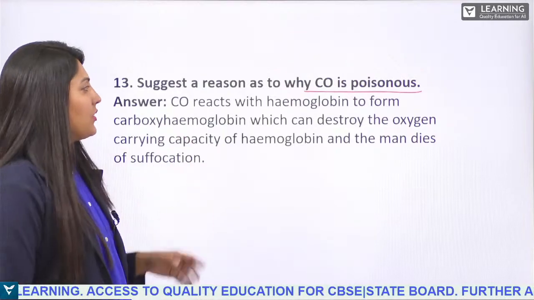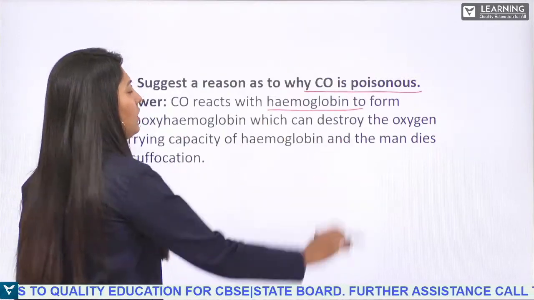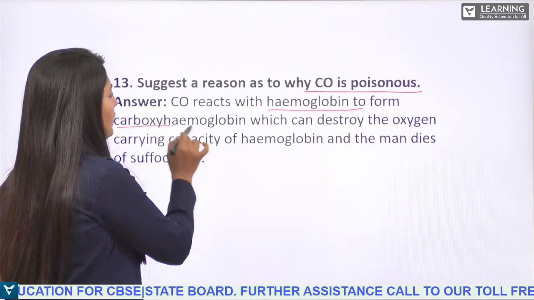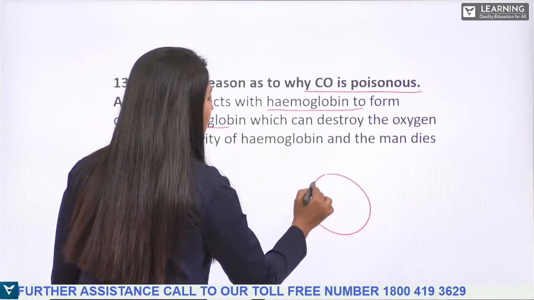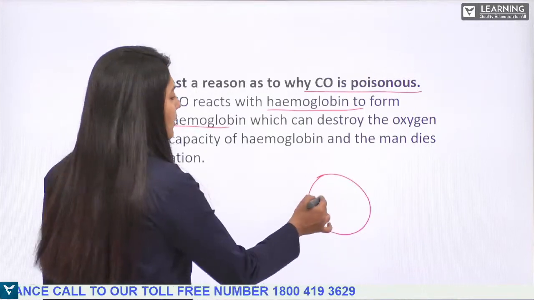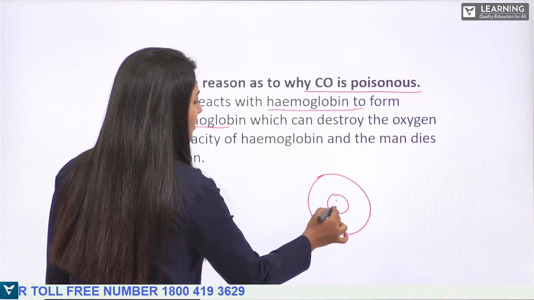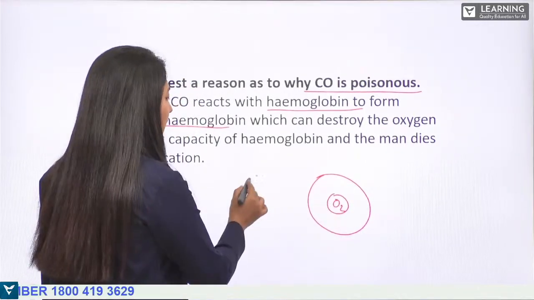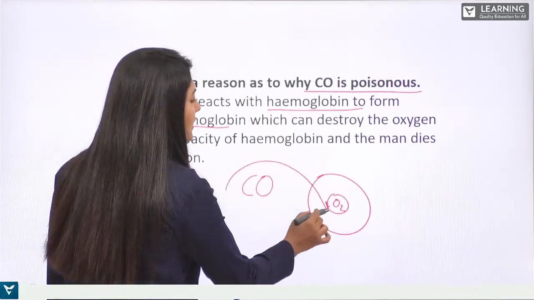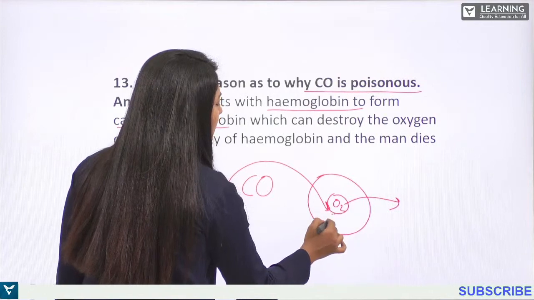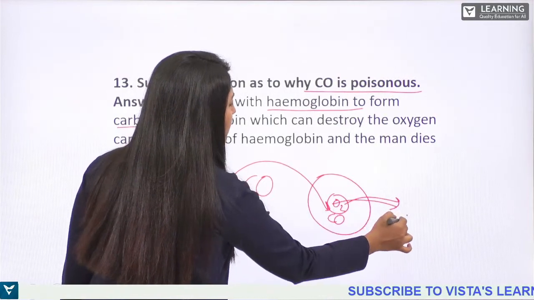Carbon monoxide reacts with hemoglobin to form carboxyhemoglobin. I have hemoglobin in the blood. The oxygen will be there, O2. If carbon monoxide enters, it can easily displace this oxygen. The oxygen can be easily removed.